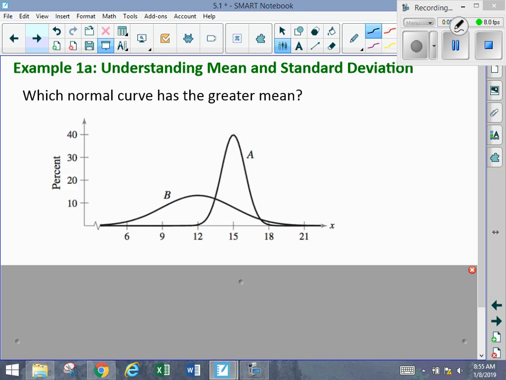If we had to estimate, we would say that A's mean is approximately 15, right? So for A, if we had to estimate, we would say the mean is around 15. Our standard deviation, we could try to look at where the first inflection point is. I don't know. It looks like maybe about there.